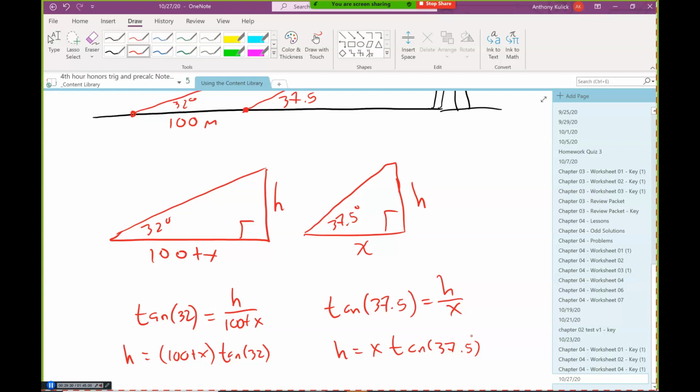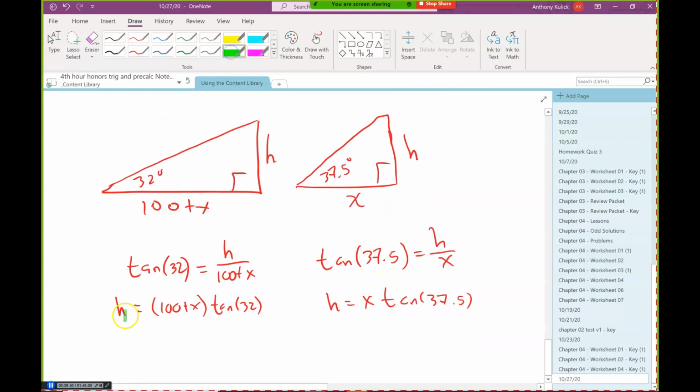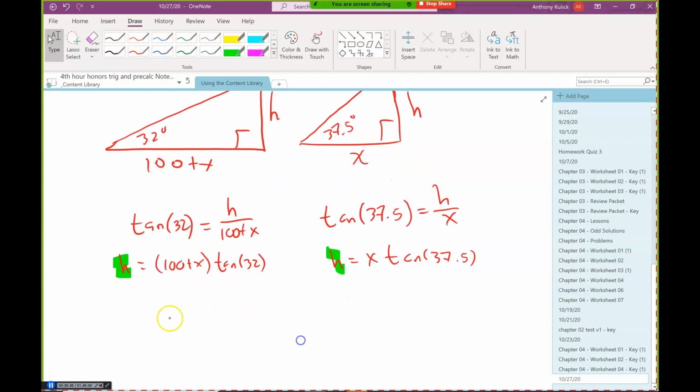Is everybody okay with that plan? The reason I say that is because each of these we've already separated the H. So via substitution, I can say this. Everybody good with that?